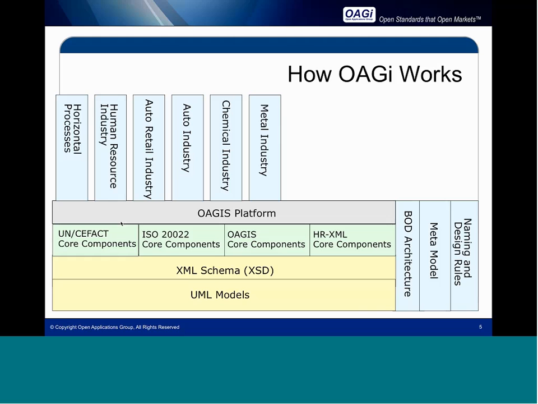That is the stuff that you download in zip files and begin to explore and find out how you can use it in your industry. Now, on top of the OAGis platform, various industries have identified parts of the platform that apply to them, and they have identified parts that maybe aren't so interesting at the moment, and they have produced guidelines or maybe profiles of the OAGis platform that are specific to their industry.